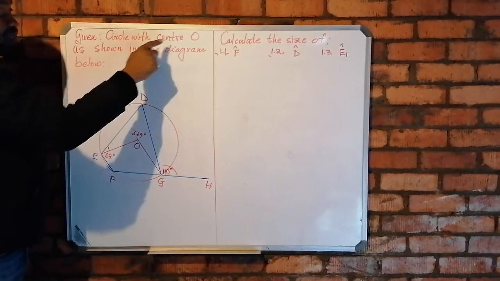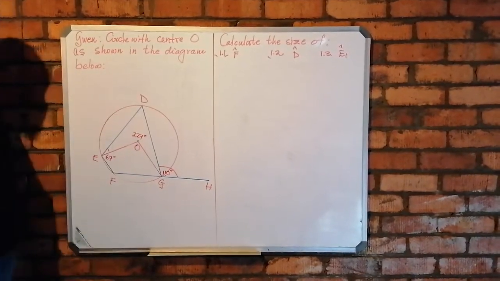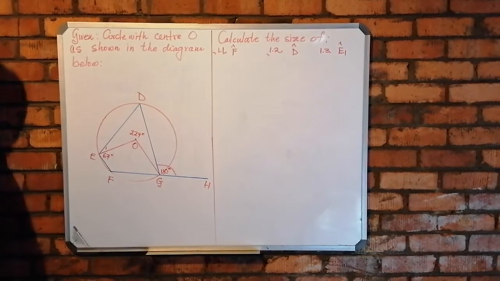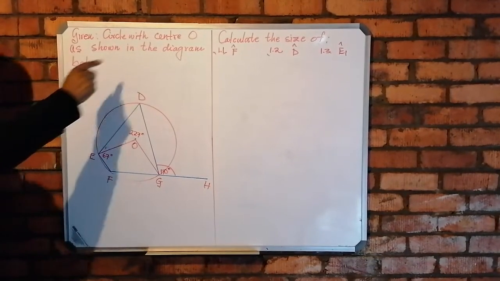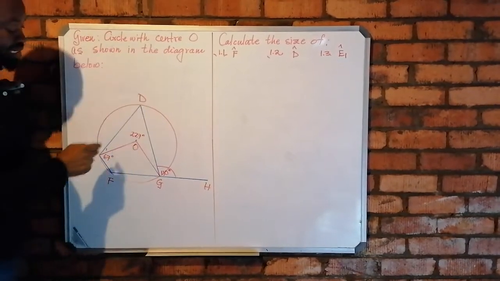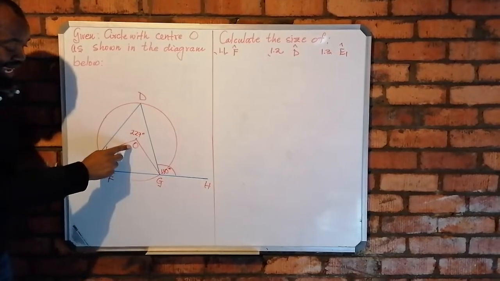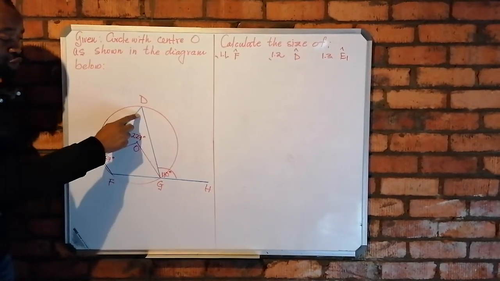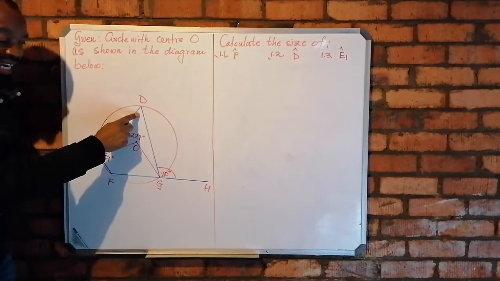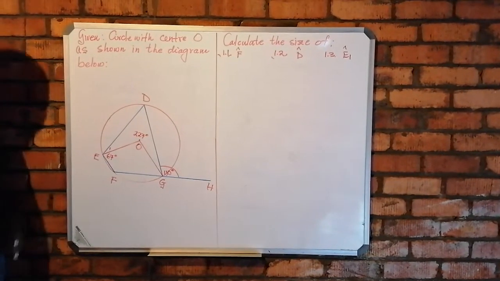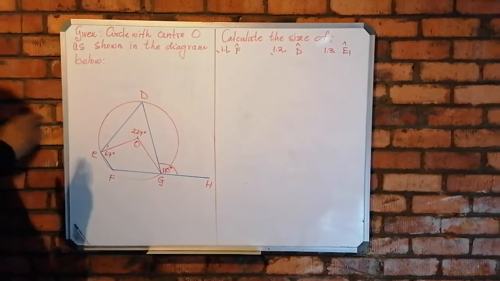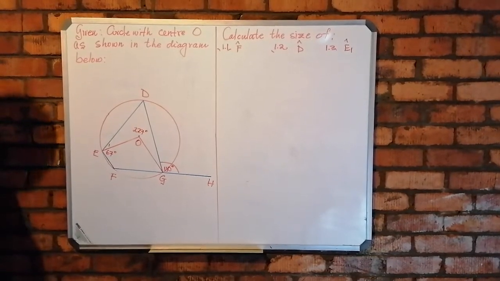Now, they assure you that O is the center of the circle. In that case, when they say O is the center, you know that the angle at center is twice the angle at the circumference.